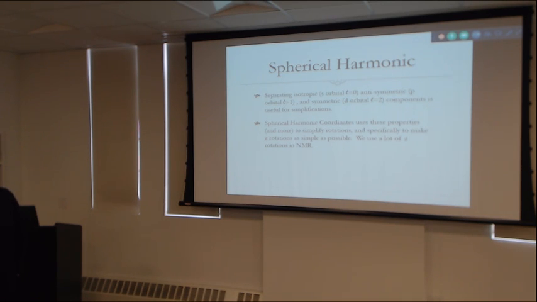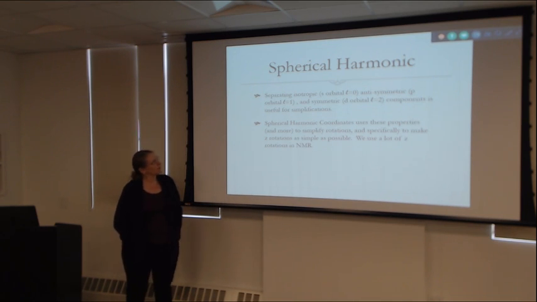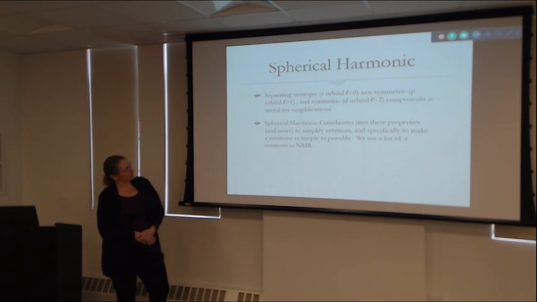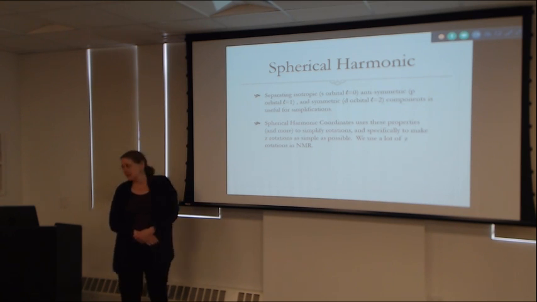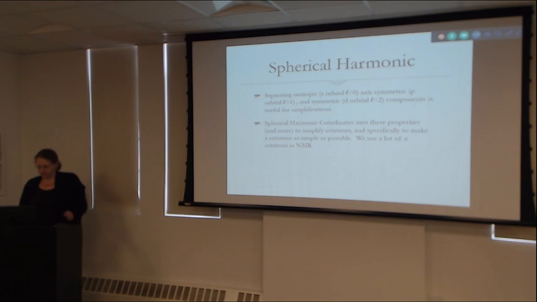So we're going to separate our tensor into those pieces. The s orbital-like piece, L equals 0, the p orbital-like piece, L equals 1, the d orbital-like piece, L equals 2. And that's the most basic dissection that we're going to use for constructing the spherical harmonic coordinates. We're building up a basis set to write any tensor.